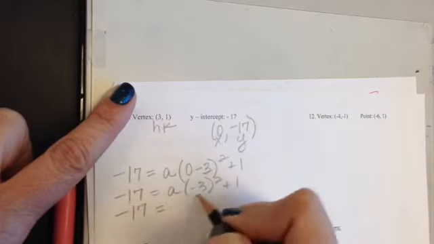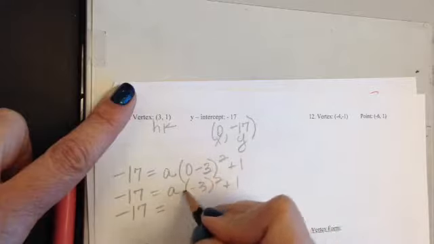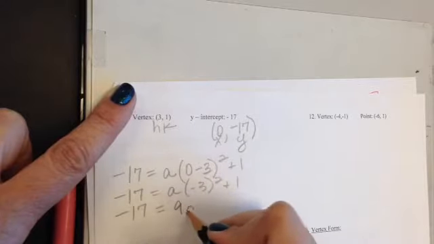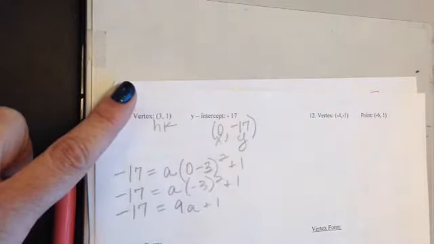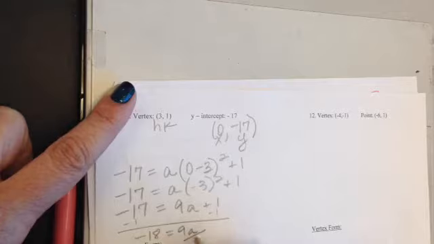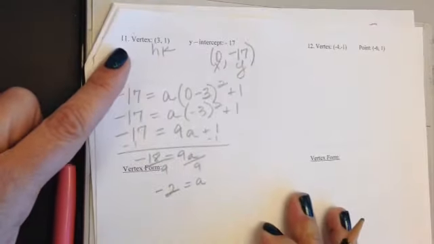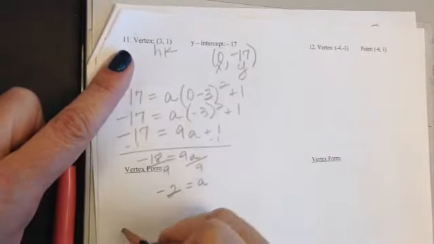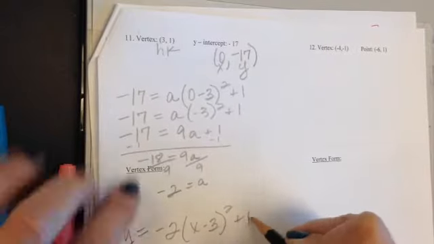Negative 3 times negative 3 is going to give me a 9. Negative 17 equals 9a plus 1. If I take 1 away from both sides, I'm going to get negative 18 equals 9a. When I divide by 9 on both sides, I find out that a is negative 2. This parabola is going to open down. It will be written as y equals negative 2 times (x minus 3) quantity squared plus 1.